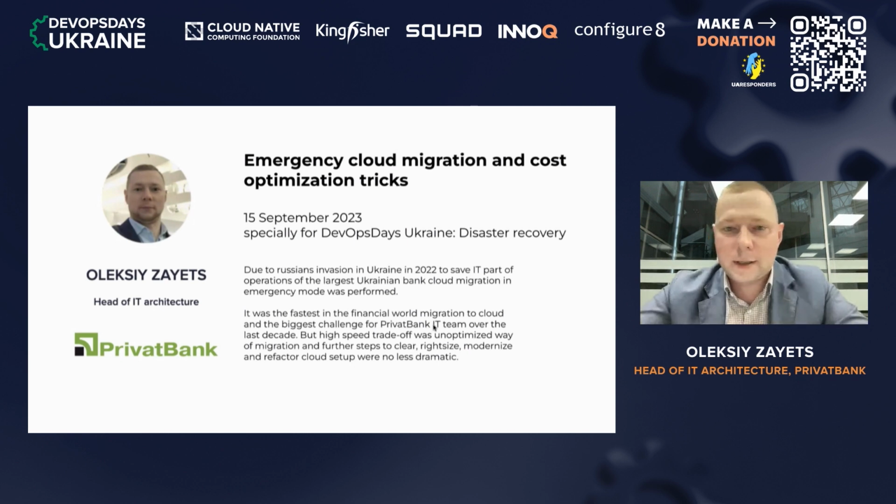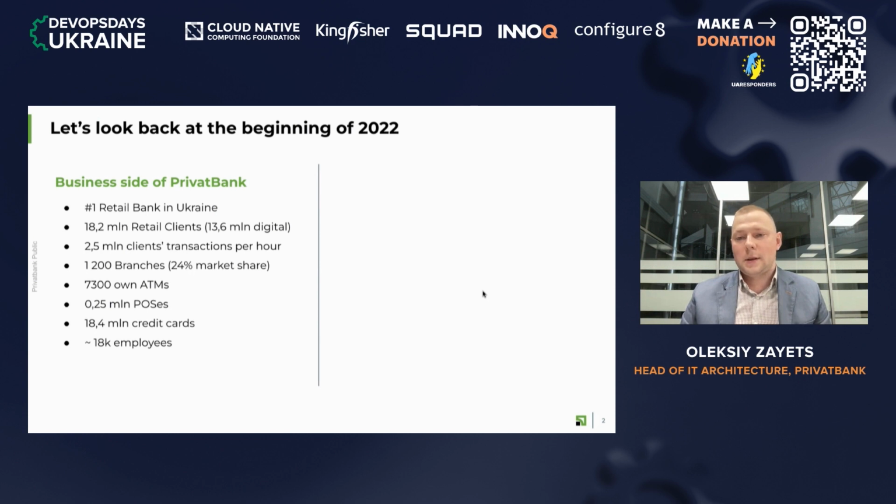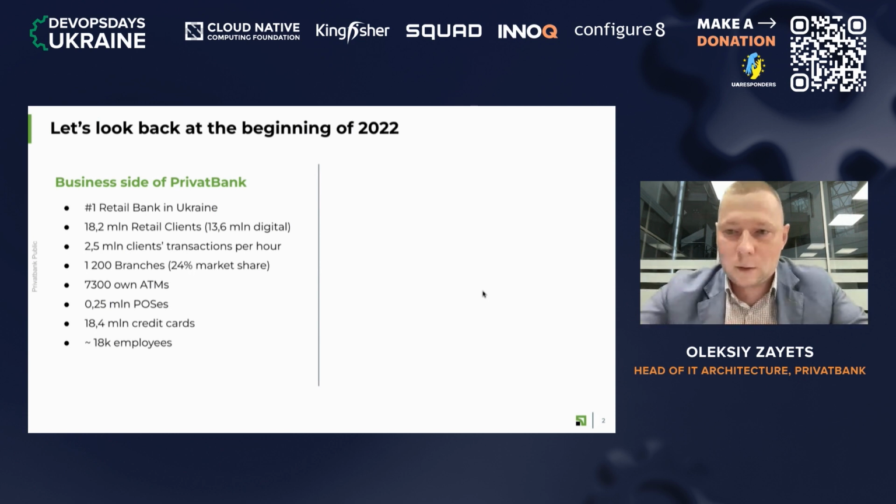To understand the complexity and importance of this project, let's look back at the beginning of 2022. Private Bank is the leader in retail banking in Ukraine. We are a state-owned bank with state-level responsibility. We are serving more than 18 million clients, who execute 2.5 million transactions per hour.